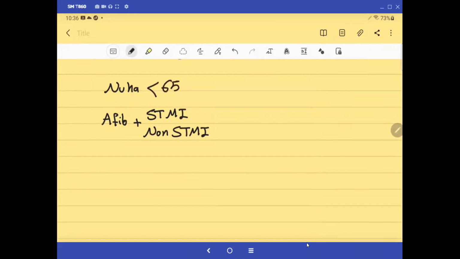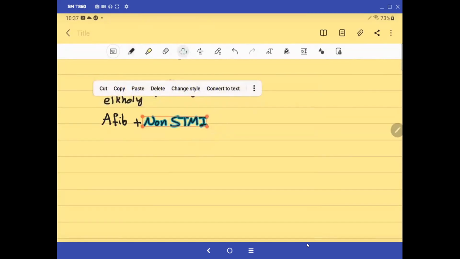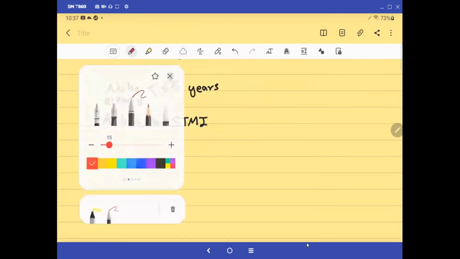I will start with Noha Al-Kholi. Noha has atrial fibrillation, and she has non-STEMI, and she didn't have PCI. So Noha Al-Kholi has atrial fibrillation with non-STEMI and no PCI.